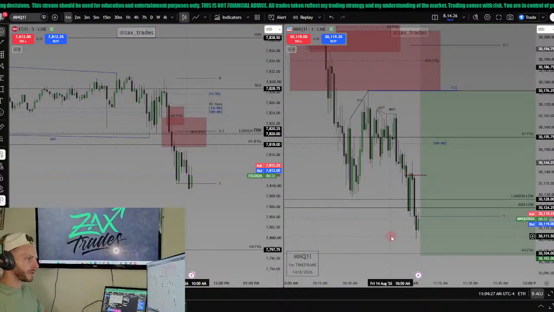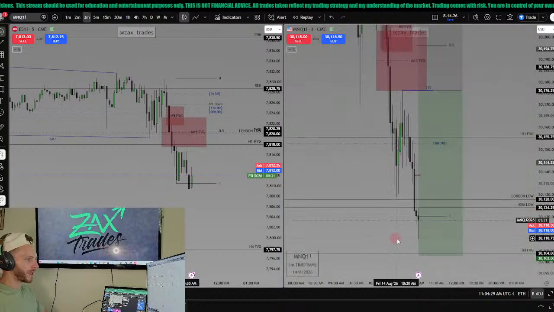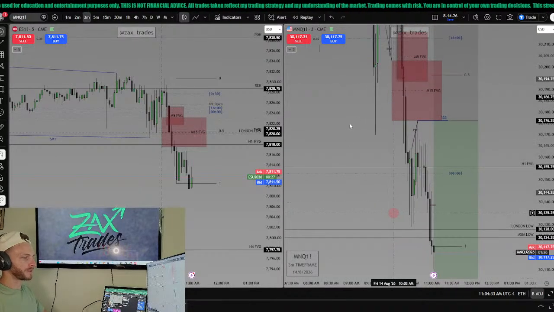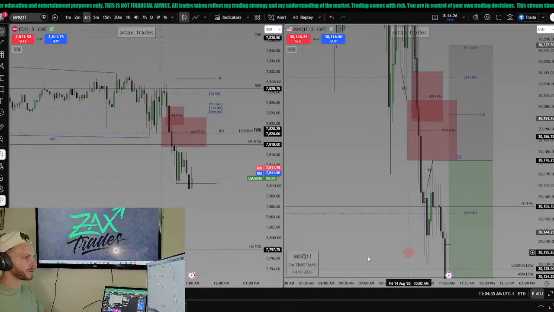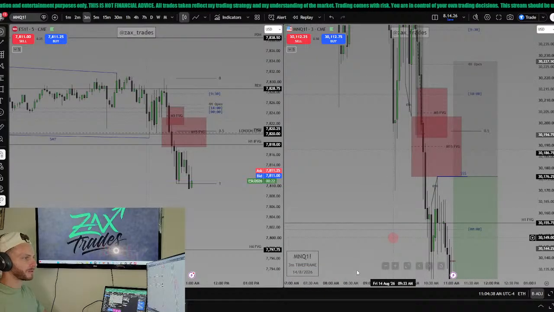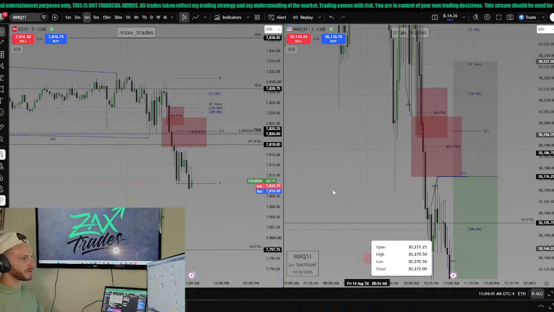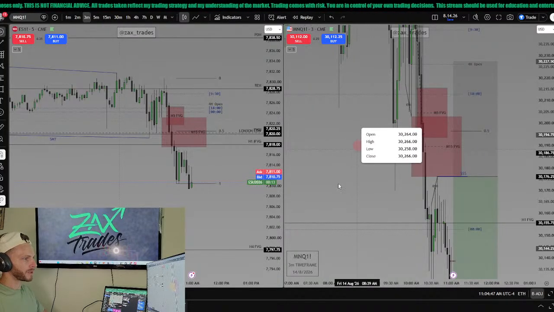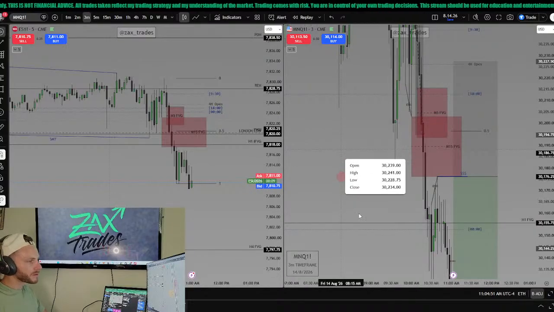I'm trying to see what other entry I could have had to this move. I don't really know what I missed here. Obviously you don't always catch everything, but I like to have an idea of what I may have missed.